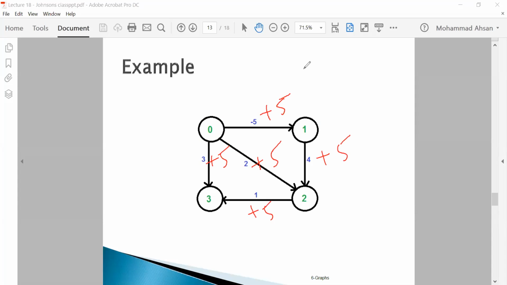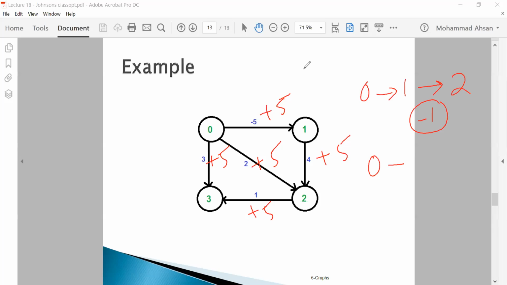You are not increasing the weights proportionally for all the paths. So let's say the shortest path from 0 to 2 was 0 to 1 and 1 to 2 initially, so that was for a total of -1.